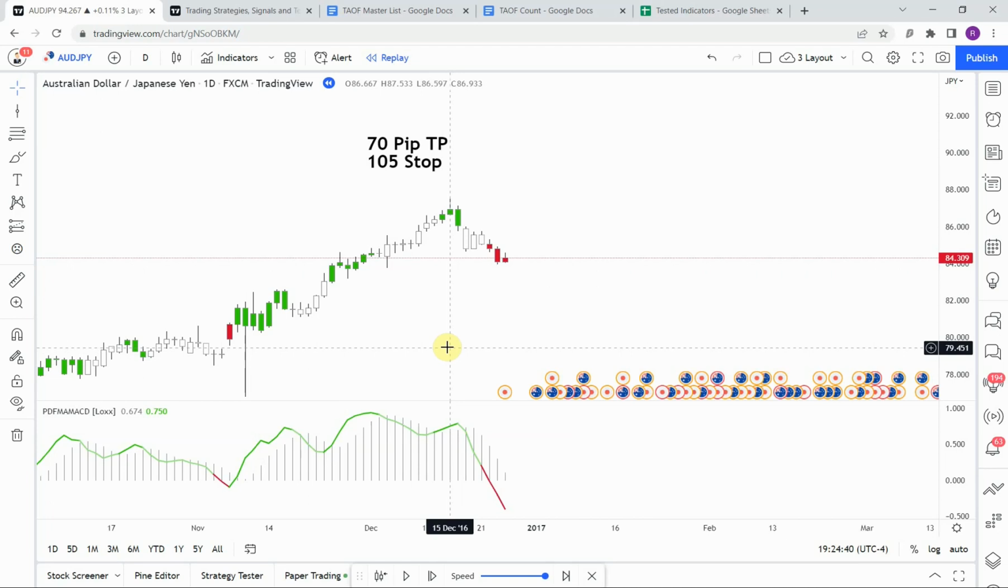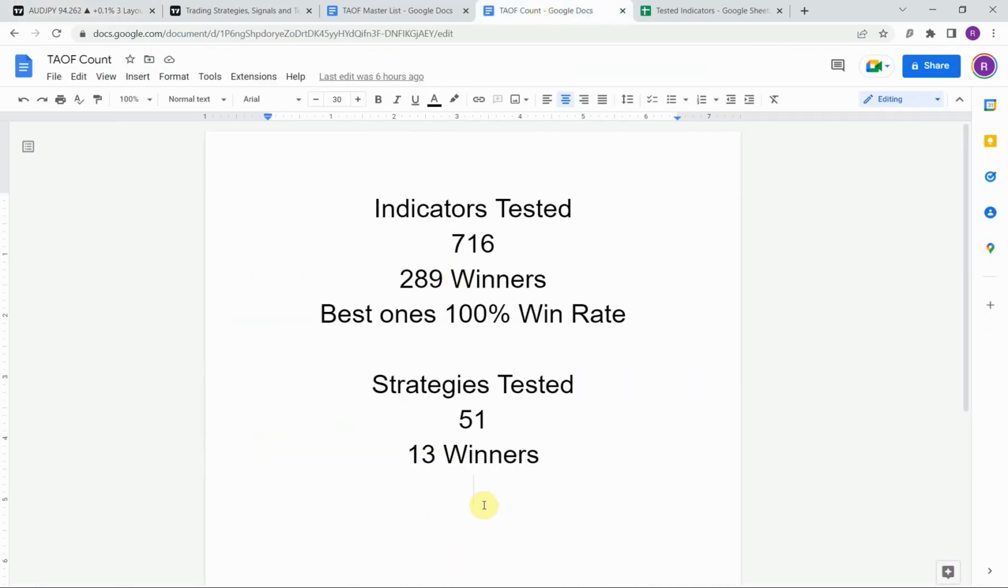Alright, as I said, today we will be testing the probability density function based MACD. Before we do though, I wanted to put the testing scoreboard up for everyone to see. So to date, we have tested a total of 51 different strategies, with 13 of them being profitable. We've also tested a total of 716 indicators, with 289 of them being winners.